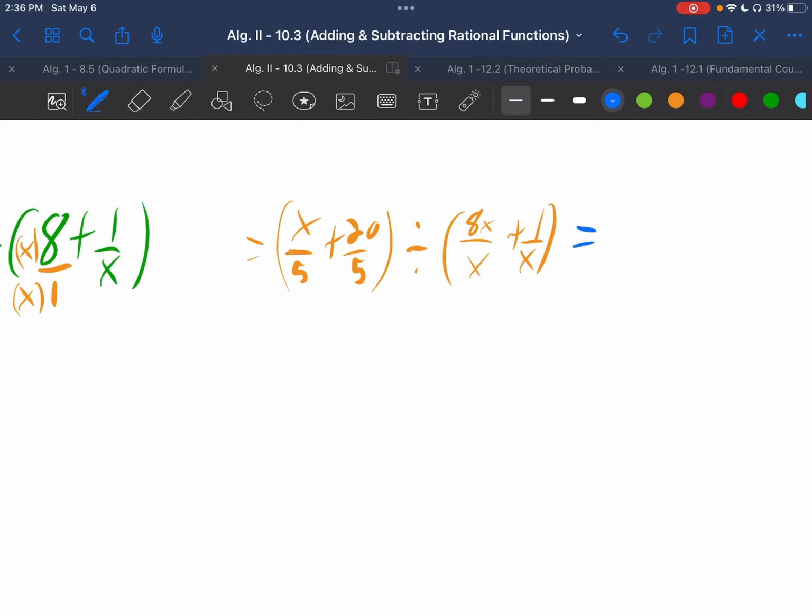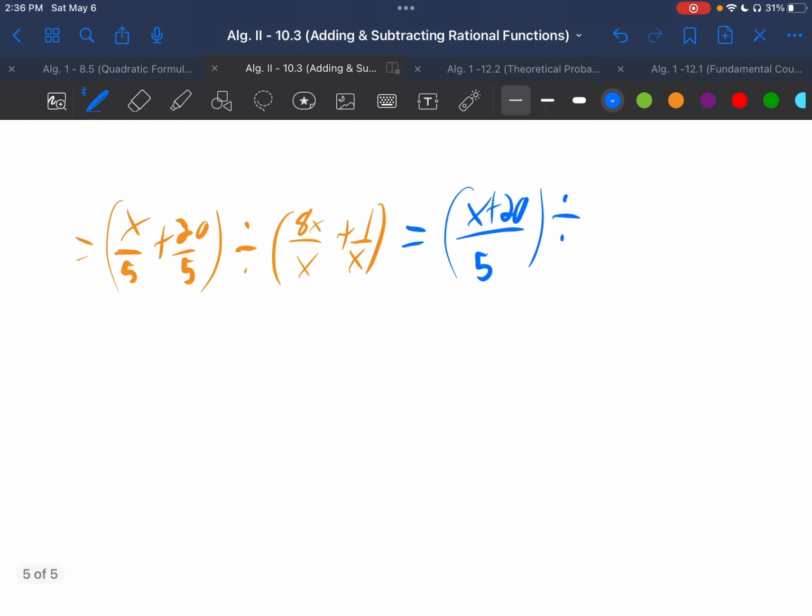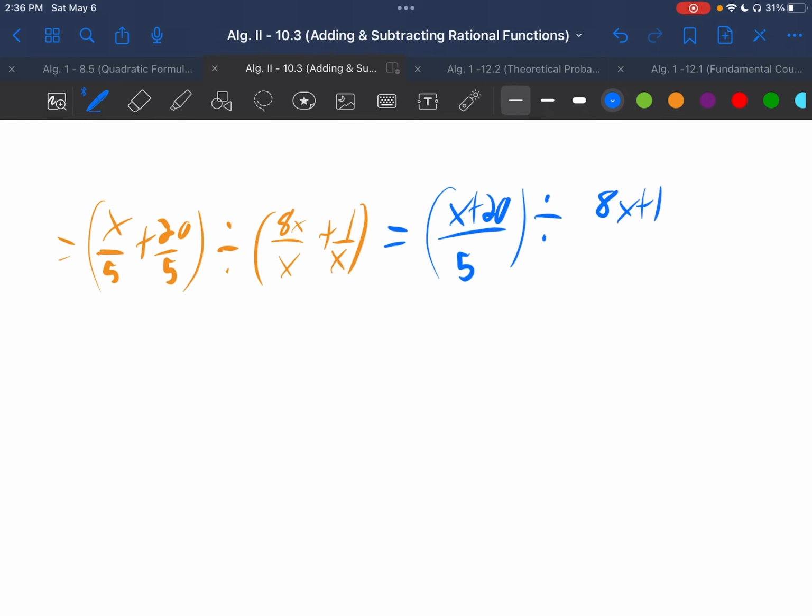So now combining each of those separately, getting x plus 20, I want to put it in standard form with the x first, divided by 8x plus 1 over x.